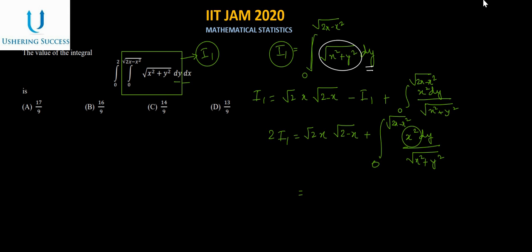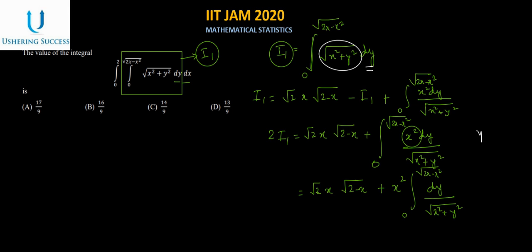Then it becomes root 2x root over 2 minus x plus x square integral 0 to root over 2x minus x square dy by root over x square plus y square. Now if I look at this integral, it is of the form dy by root over x square plus y square.